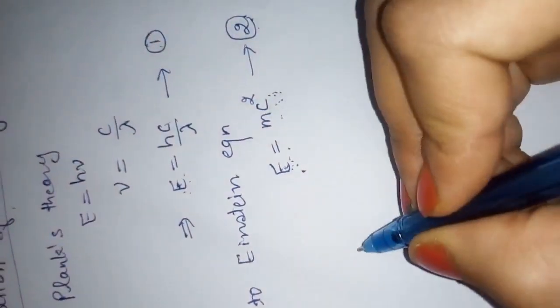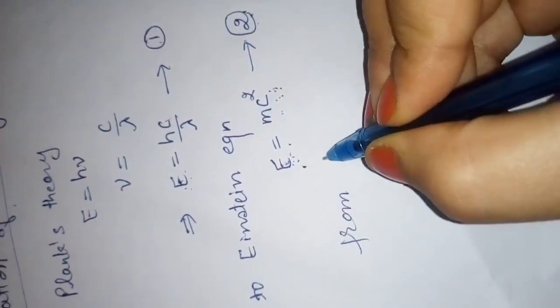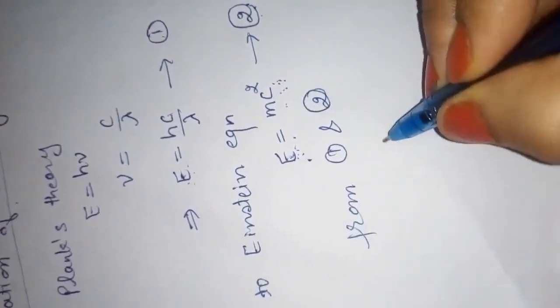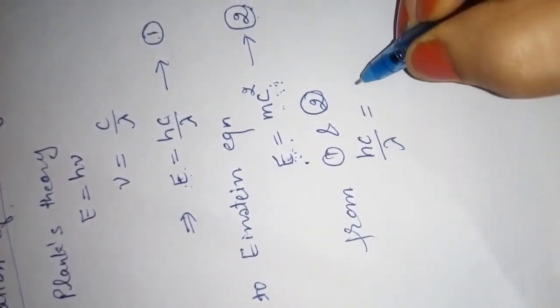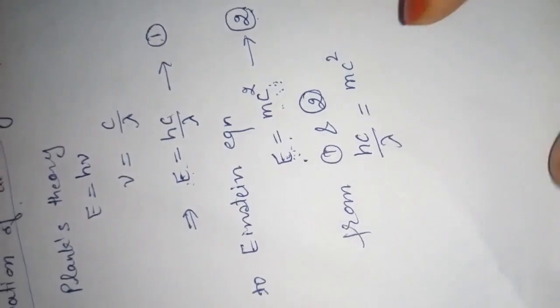So from 1 and 2, h c over lambda is equals to mc square.